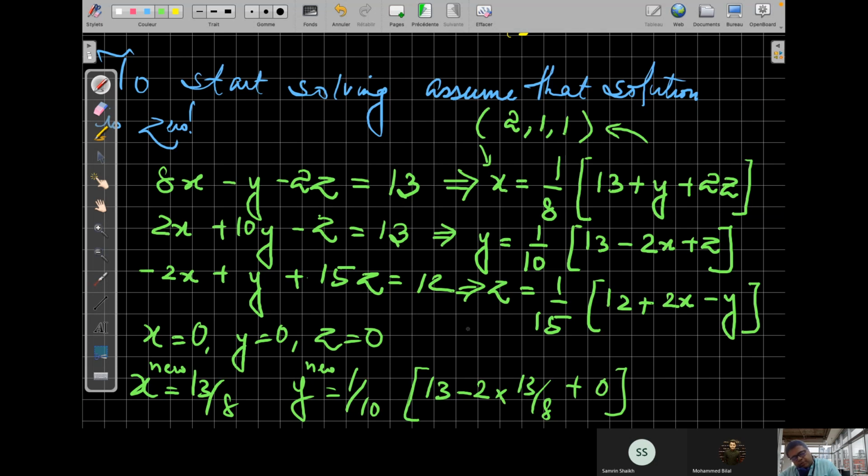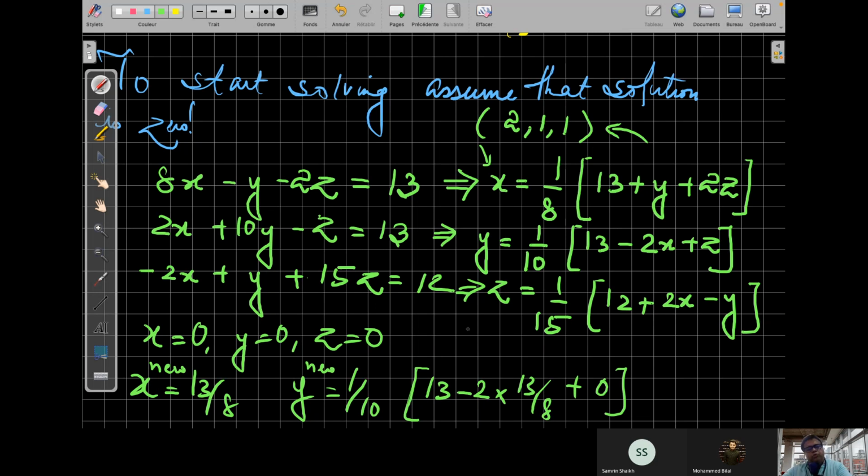So I've got x equals 1 upon 8 into 13 plus y plus 2z. y equals 1 upon 10 into 13 minus 2x plus z. And z equals 1 upon 15 into 12 plus 2x minus y. So this is what is there.